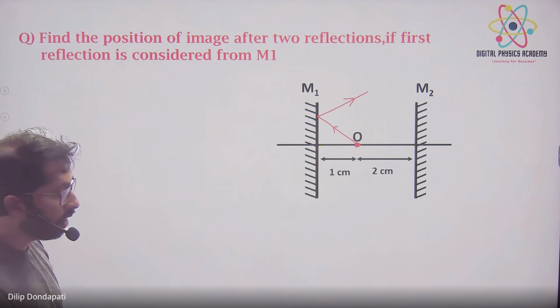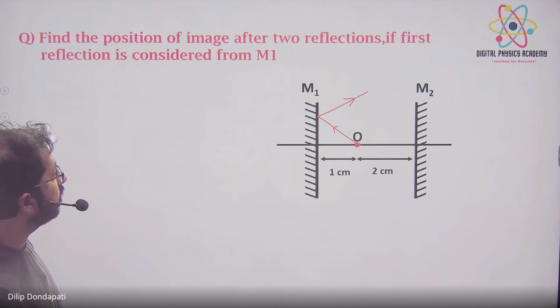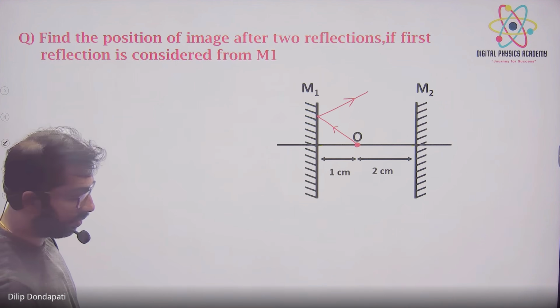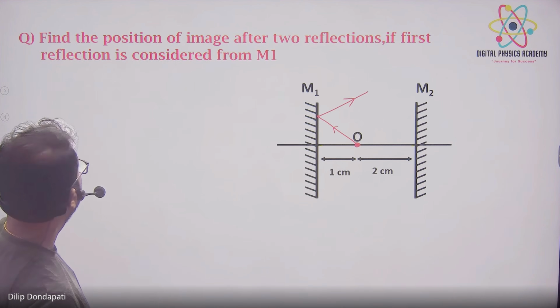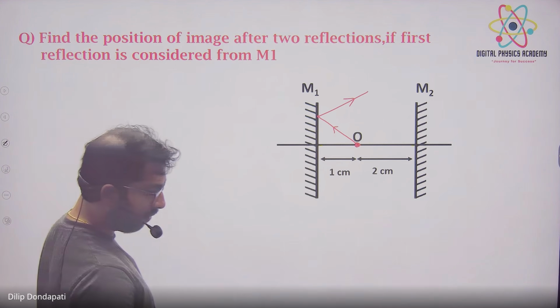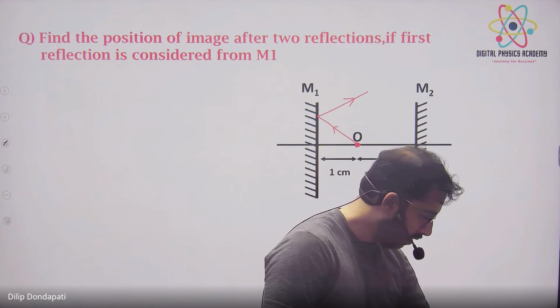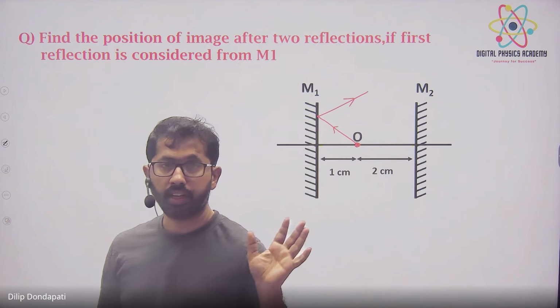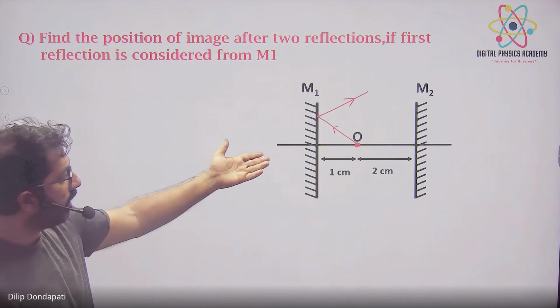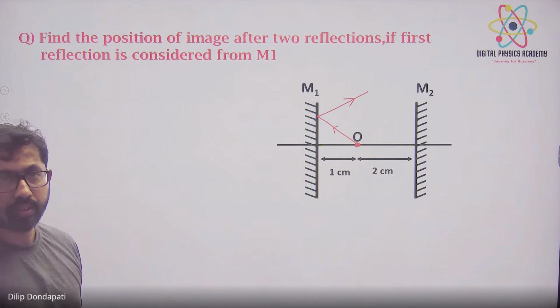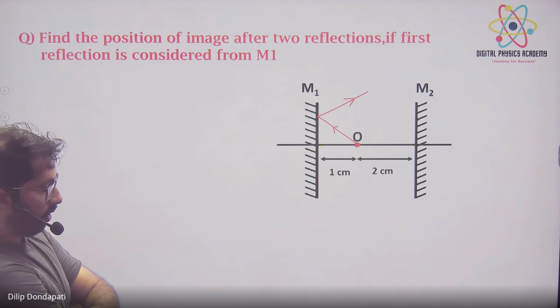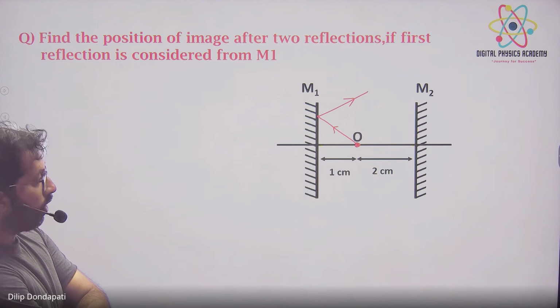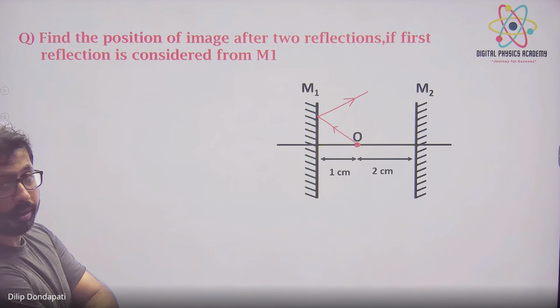After two reflections, tell me where is the position of image. मतलब किधर है, राइट साइड या लेफ्ट साइड, कैसा फॉर्म होगा बोलो. विदाउट नोइंग द रे डायग्राम से you can do. ट्राई करो. बट टू रिफ्लेक्शंस चाहिए.